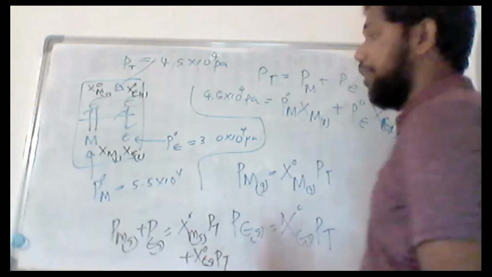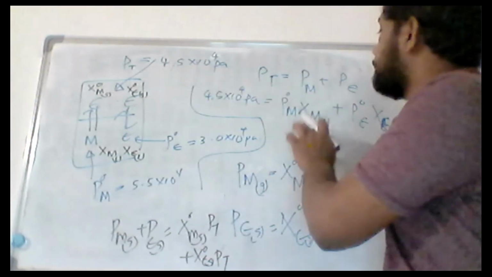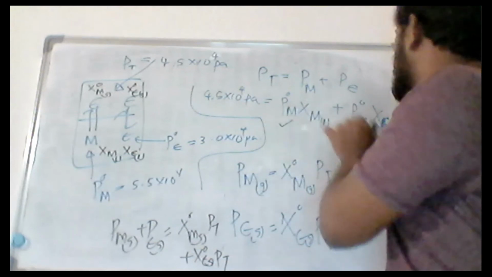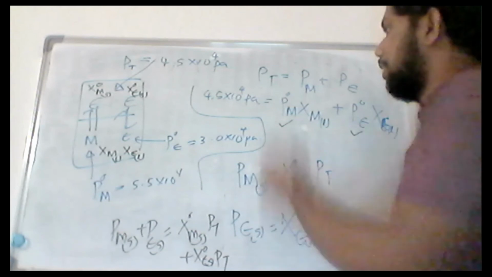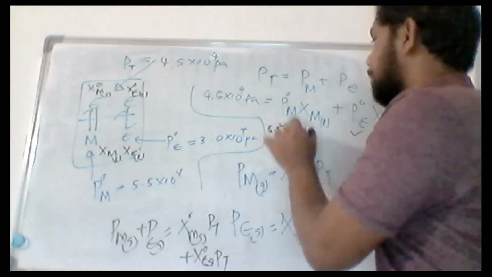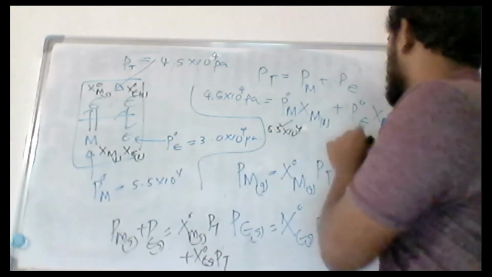So I have a few equations, and here I know these P naught M values and P naught E values. These are 5.5 into 10 to the power 4. This is 3 into 10 to the power 4 Pascal.